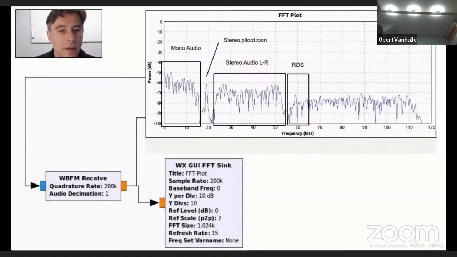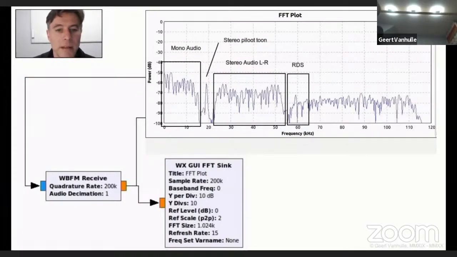This is typically done in single sideband modulation. And even higher in frequency, we find some digital signals that contain the RDS information, for example. Okay, so this is not really interesting for us in the satellite context, but it's just an example of demodulating a signal.